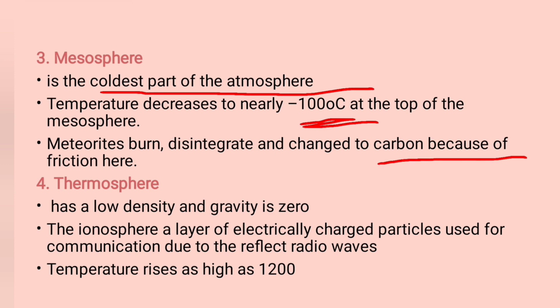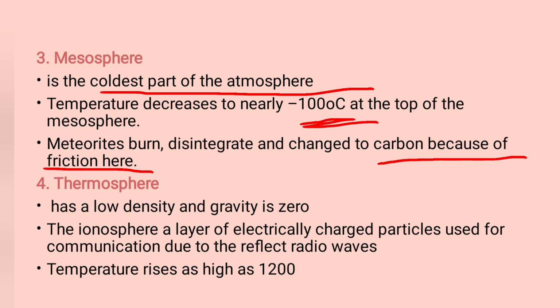Because of what? Because of the friction that exists here. So the atmospheric layer in which meteorites burn, disintegrate, and change to carbon due to frictional force is known as the mesosphere. The mesosphere is the coldest.